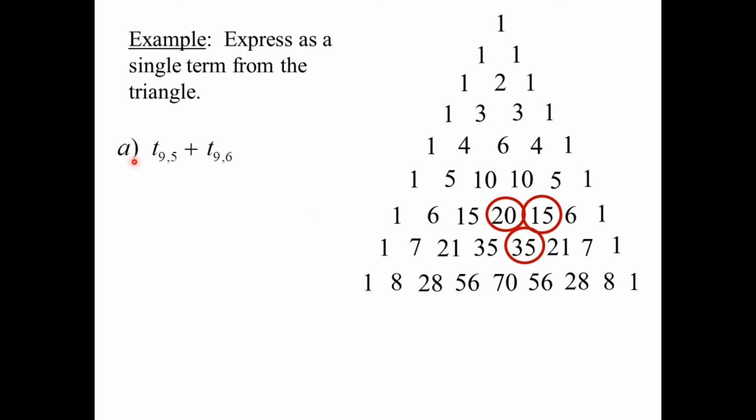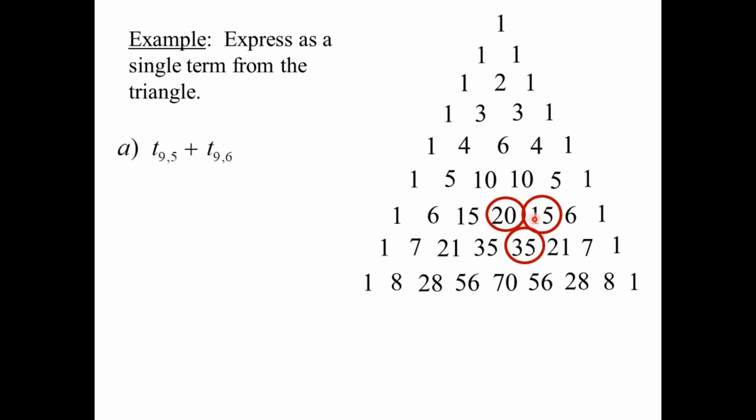So if we think of it that way, when we saw T sub 9, 5 plus T sub 9, 6, we know that the answer is going to be in the 10th row because this row is the 9th generation. So it will be T sub 10 something, but T sub 10 what? Well, if we observe a family of numbers, this is the first term, second term, third term. 15 is the fourth term in its row, and 35 is the 1, 2, 3, fourth term in its row.